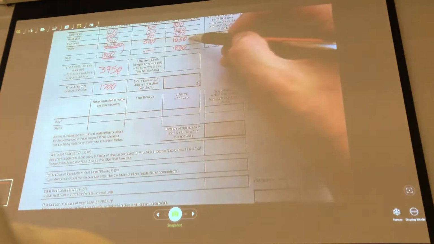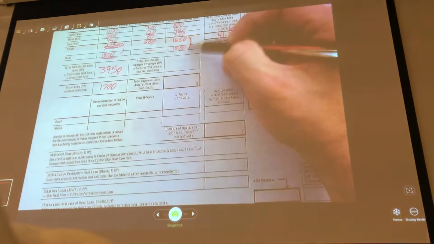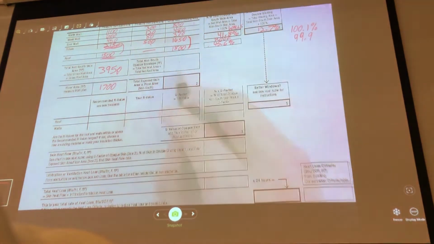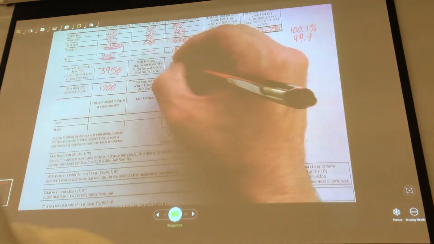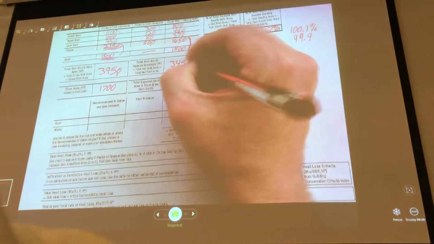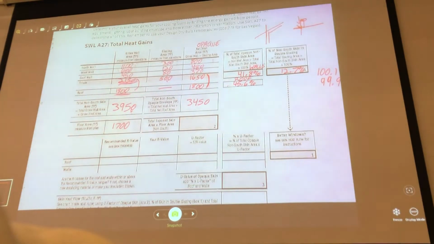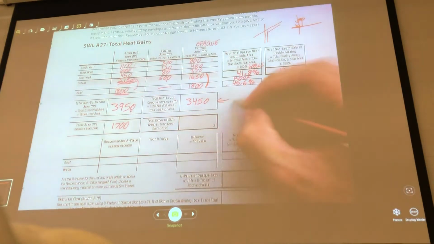In this case, we can add our total opaque areas here and get our overall opaque envelope. But it's up to you if you want to leave that blank. It's not going to mean anything. So this one is not needed.